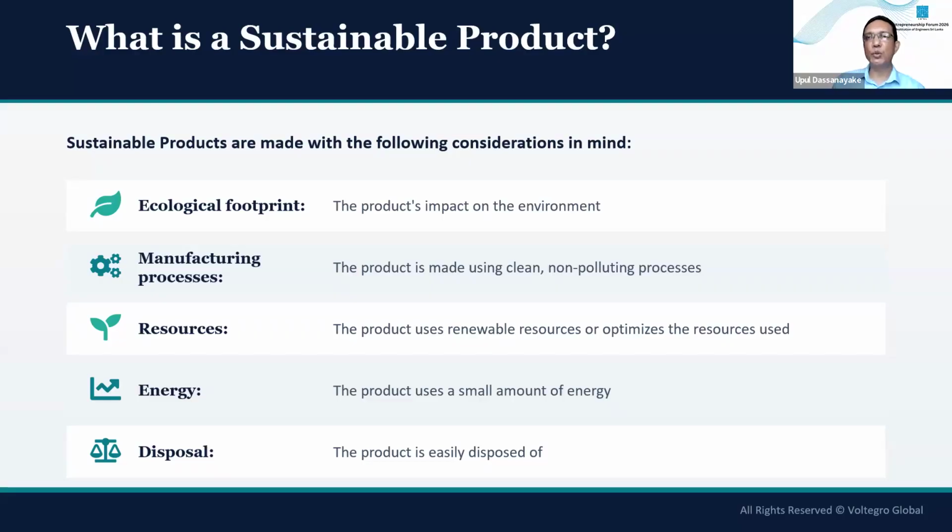So for you to claim that you have a sustainable product, you have to say the impact on the environment is very little, and the resources you use are clean and renewable. For example, if you use graphite, then you can't say it's sustainable, because graphite is not a renewable source.